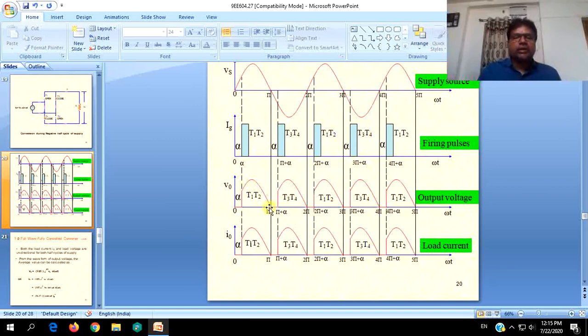Current will also follow the same as the voltage, as it is a resistive load. Current will be in phase with the voltage, but there will be a difference of magnitude. Current will be flowing through T1, load, T2 and source. So the conduction takes place from alpha to pi.